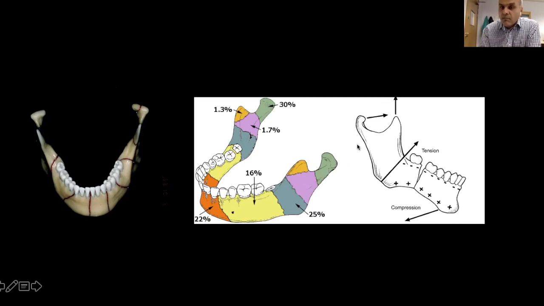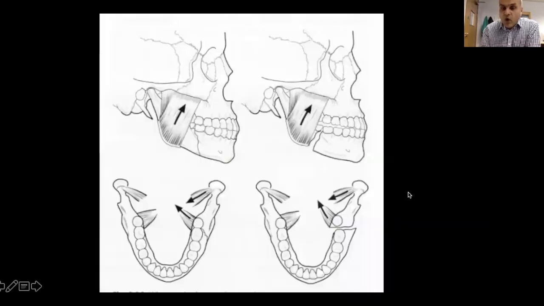So there are multiple muscle pulls, and the direction of a fracture, in an AP plane or in a superior-inferior plane, determines how the fragments move. So this would be a favorable fracture because the fracture runs from back to front.